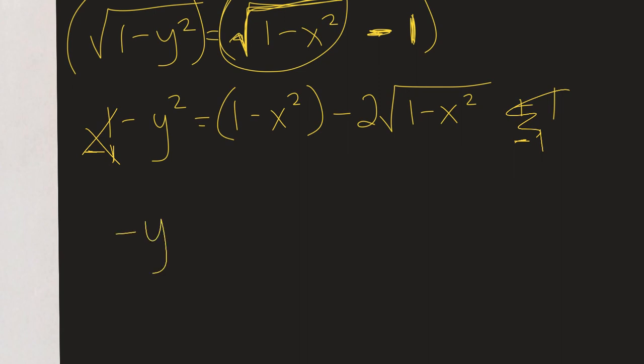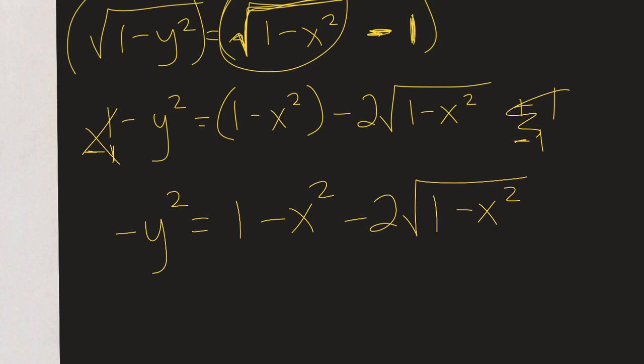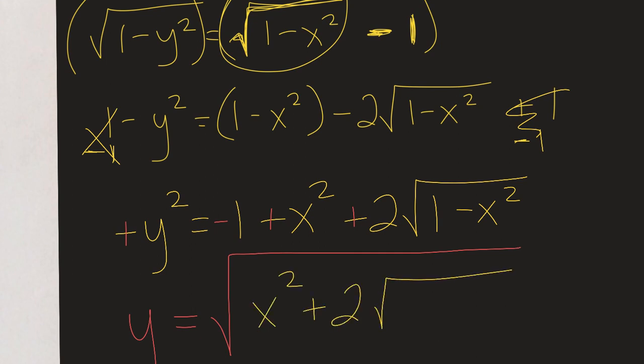So I have negative y squared equals 1 minus x squared minus 2 roots of 1 minus x squared. So now I'm going to change the signs of everything and take the square root. Square root of positive x squared plus 2 roots of 1 minus x squared minus 1.